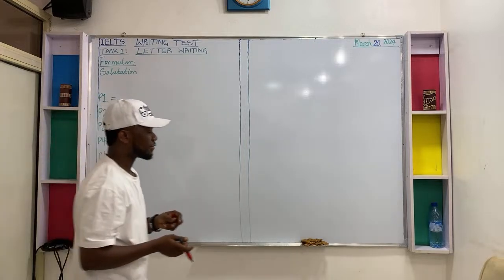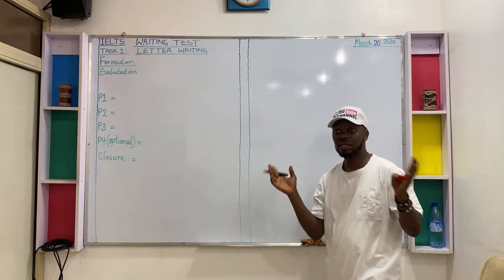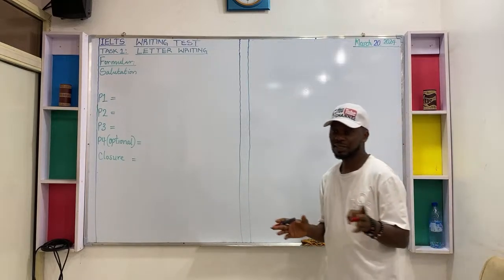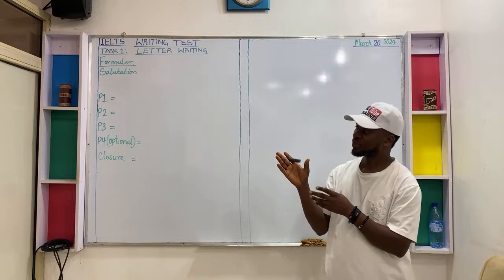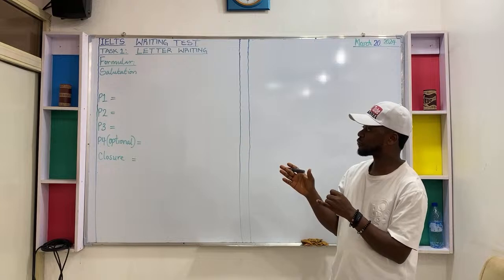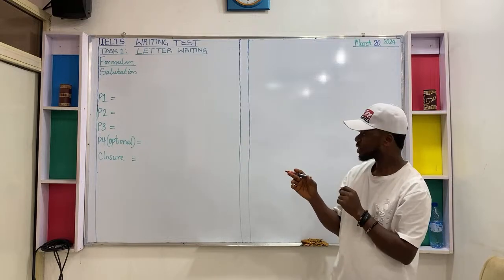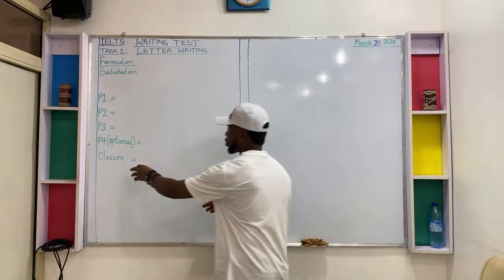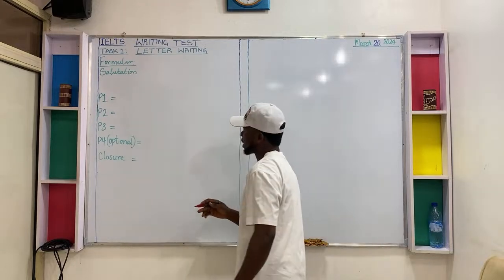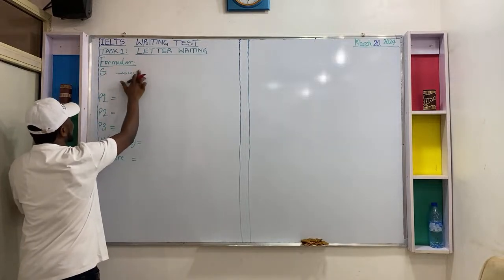Alright, so here is the formula for writing letters, generally for all types of letters. Your letter should have a salutation. Your letter should have 4 paragraphs, although the 4th paragraph is optional. Then your letter should have a closure. Alright, so let's understand the template of each of these types of letters.